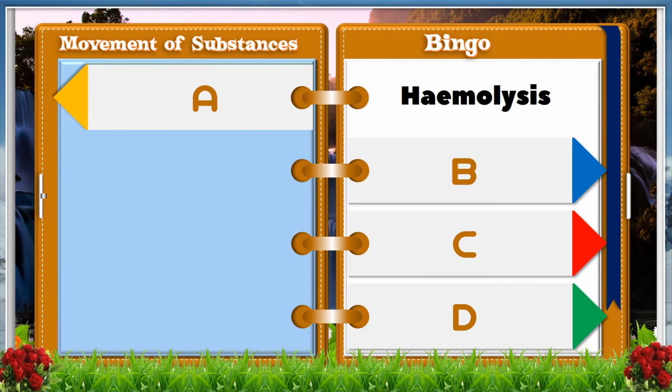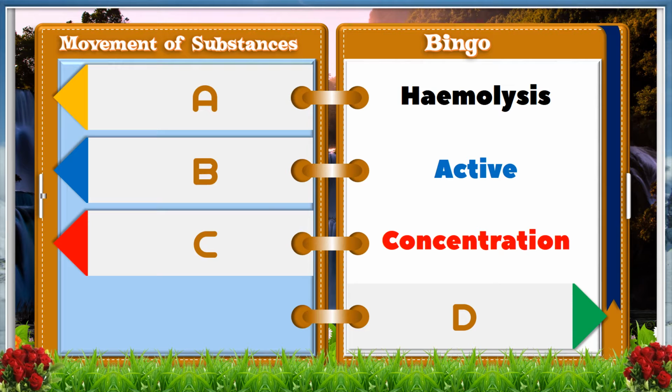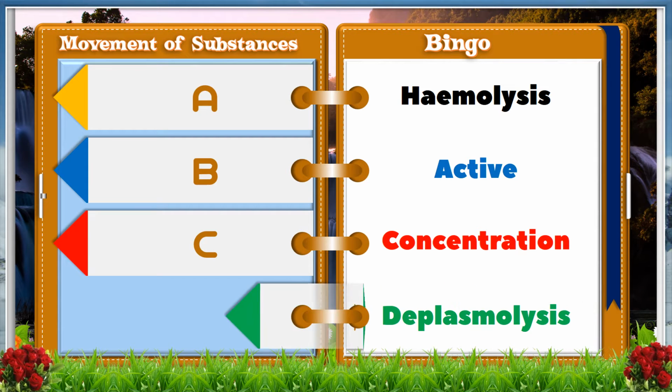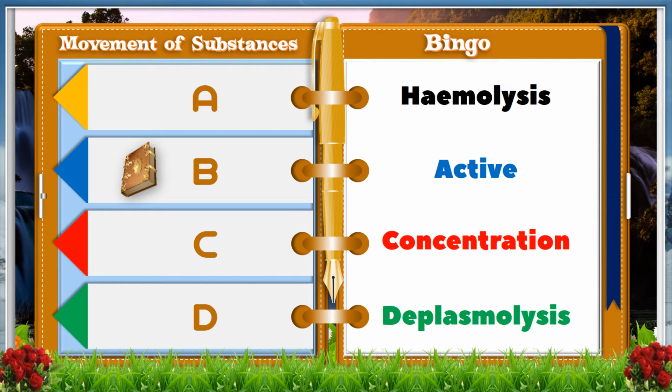A. Haemolysis. B. Active. C. Concentration. D. Deplasmolysis. And the answer is B. Active.